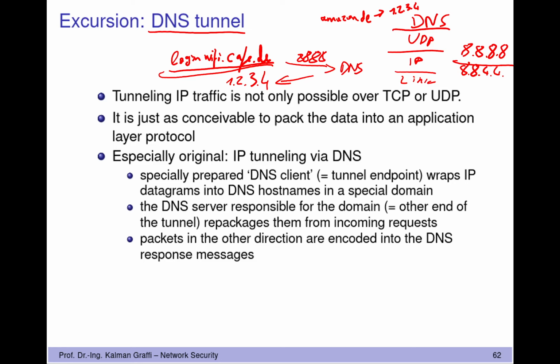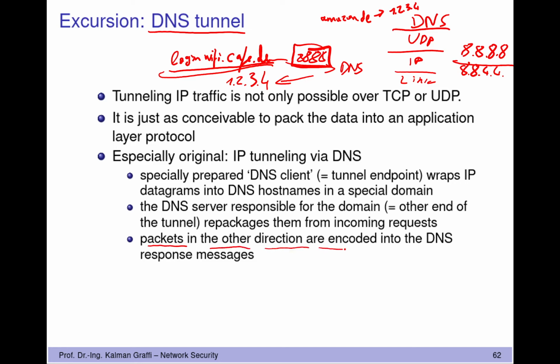Yes, you can access the login site, and you can send an IP packet, a DNS request, to the one IP address that was specified. What can be put in that DNS message? And then you also get the response back.